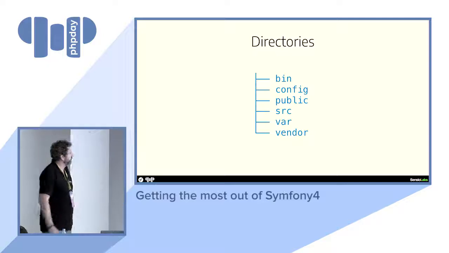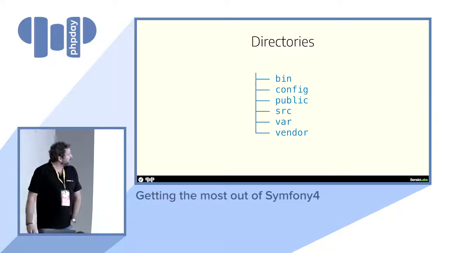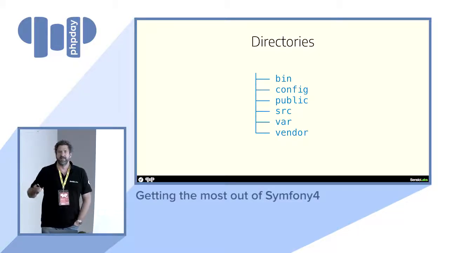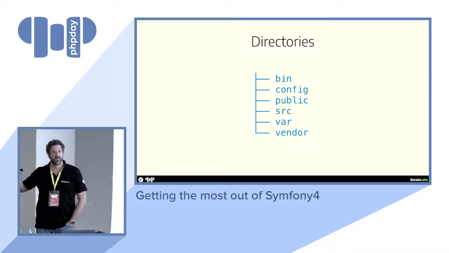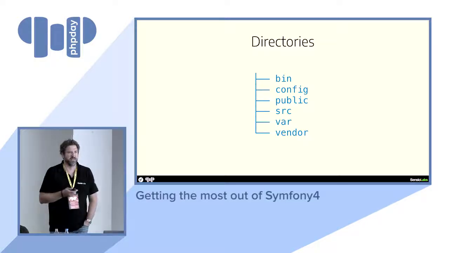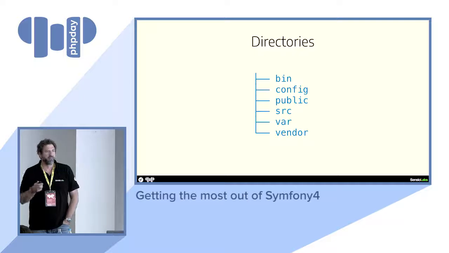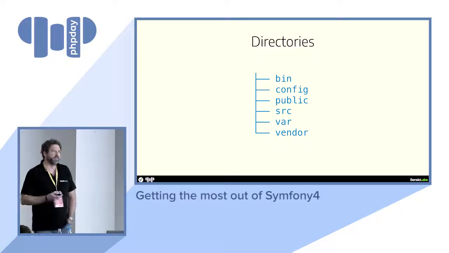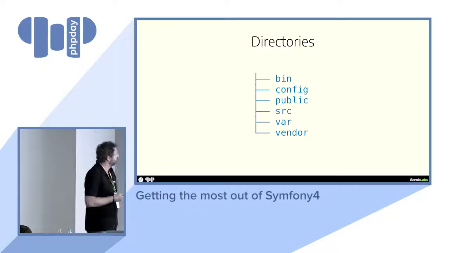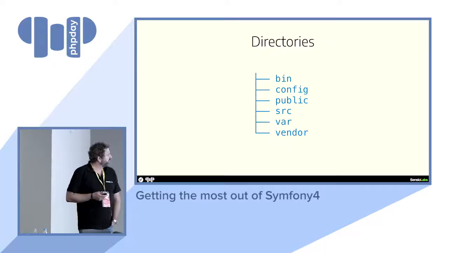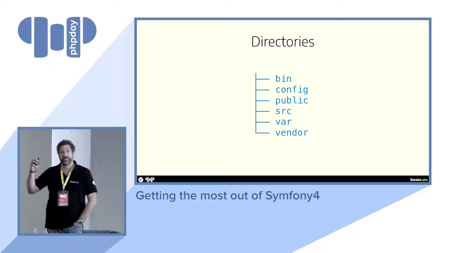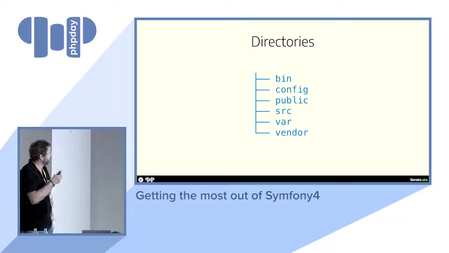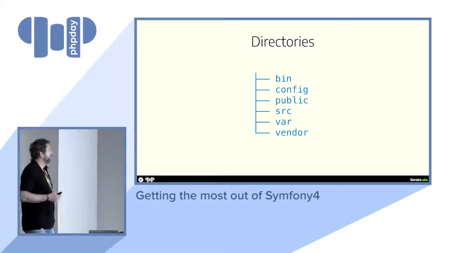But the structure of the project has changed a bit. But it's actually a lot less big thing than you might think at first glance. It's just streamlined to the naming of current frameworks, you could say. So we've moved configuration out of this app folder. We now have a top-level config folder.